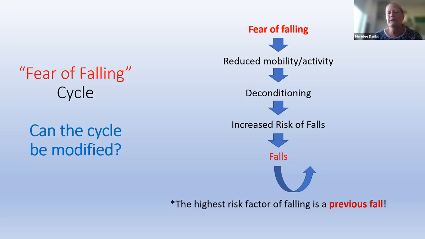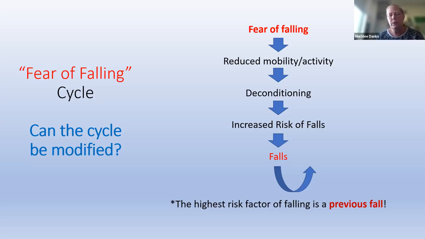They fall and the cycle starts over, and it can get more deconditioning, more reduced balance and mobility and activity, and it just goes over and over. So remember, the highest risk factor for falling is a previous fall.